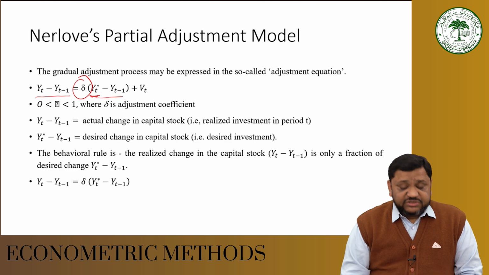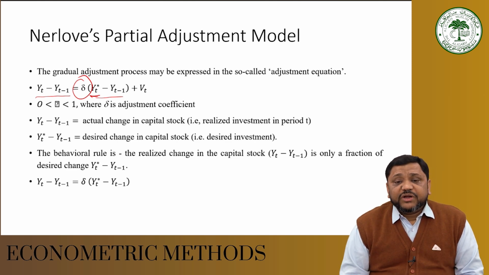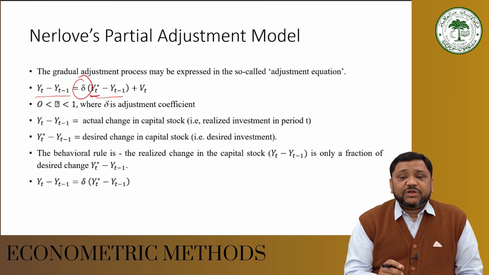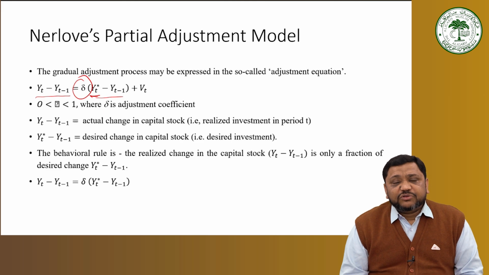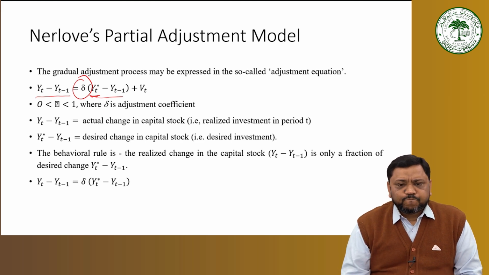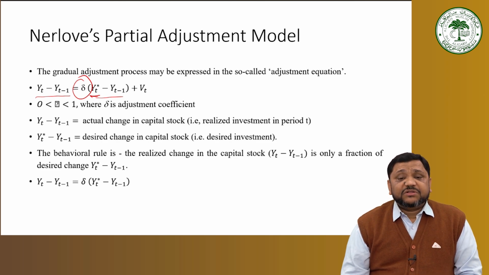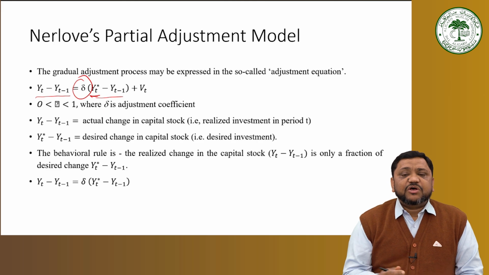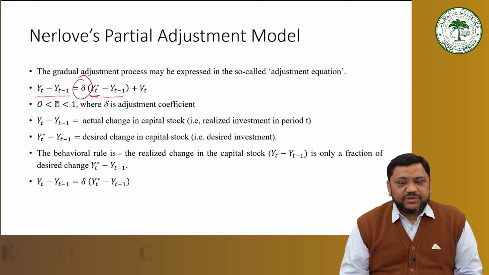If the value of gamma is equal to 1, it means the actual stock of capital is equal to the desired stock, that is, actual stock adjusts to the desired stock instantaneously in the same period t. But if gamma is equal to 0, nothing changes, since actual stock at time t is the same as observed in the previous time period.